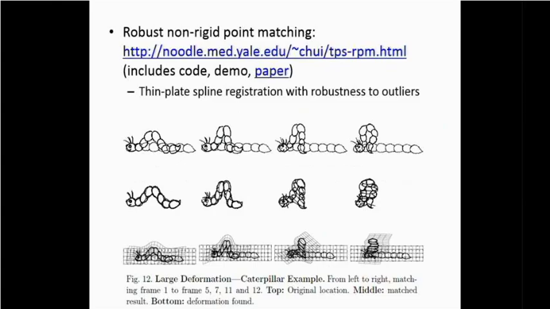And then the other one that's worth going into a little more detail about is non-rigid point matching. So non-rigid point matching actually solves for a thin plate spline deformation. Some of you might have noticed if you try to do the alignment of your airplanes, you're not going to get an exact alignment because it can't be fully accounted by an affine or perspective transformation or whatever other global transformation you're using.